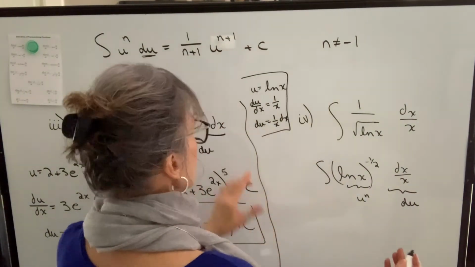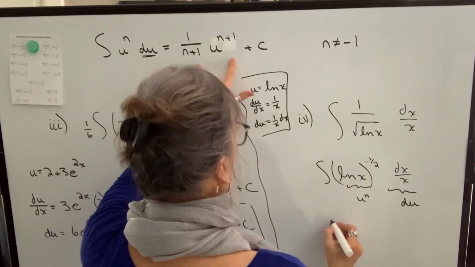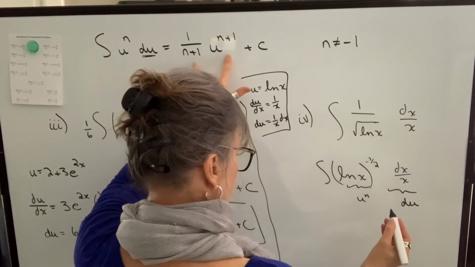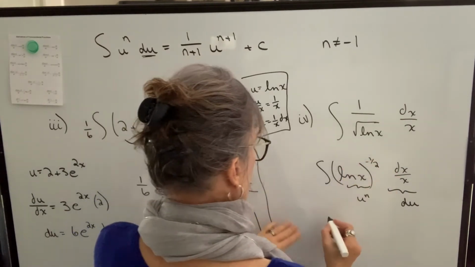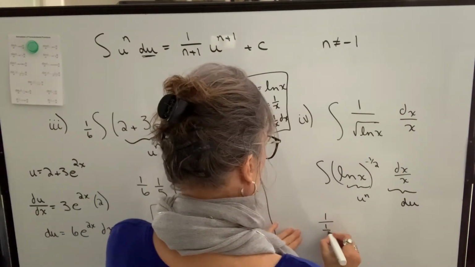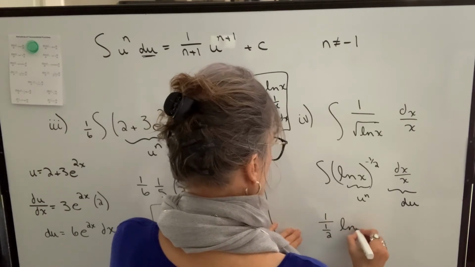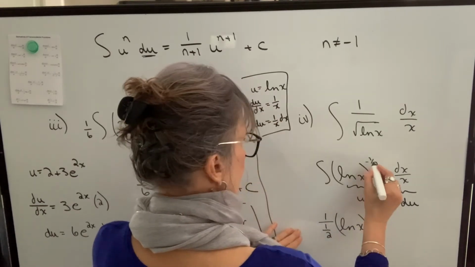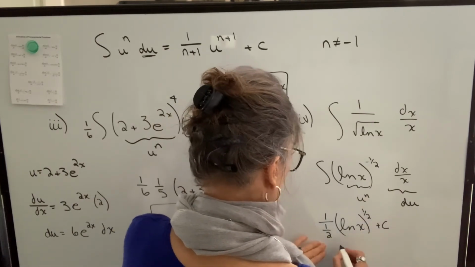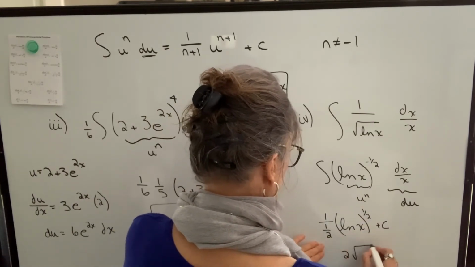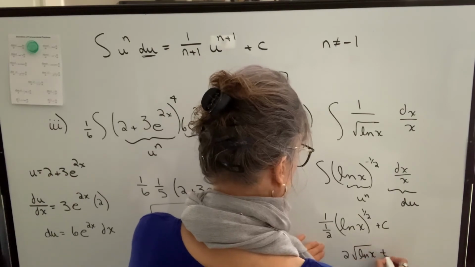So now we're going to integrate using our general power rule, which says that the integral will be 1 over n plus 1. So -1/2 plus 1 is 1/2 times the function to the -1/2 plus 1 plus c. And we can write that as 2 times the square root of natural log of x plus c.